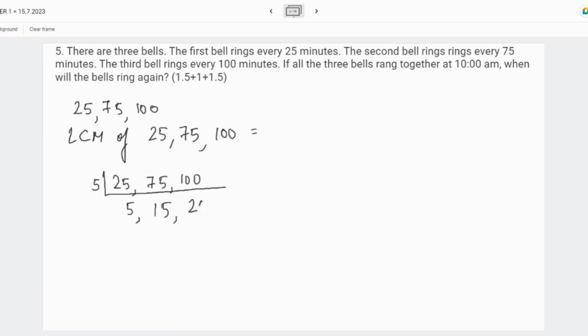So we have chosen the division method over here. We are dividing the three numbers together. First step with 5, we are getting 5, 15 and 20. In the next step, again with 5, we get 1, 3 and 4. And after that, there are no more common factors, so we will not divide them anymore.